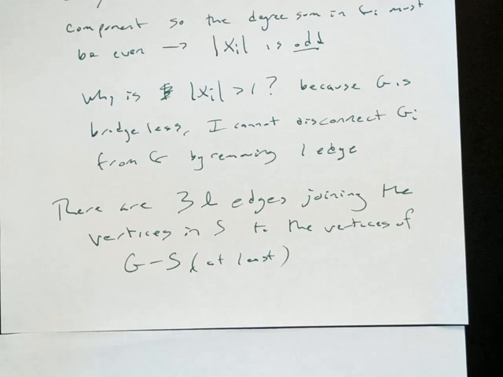I counted the edges connecting Gi to S. Why could there be other edges connected to S?